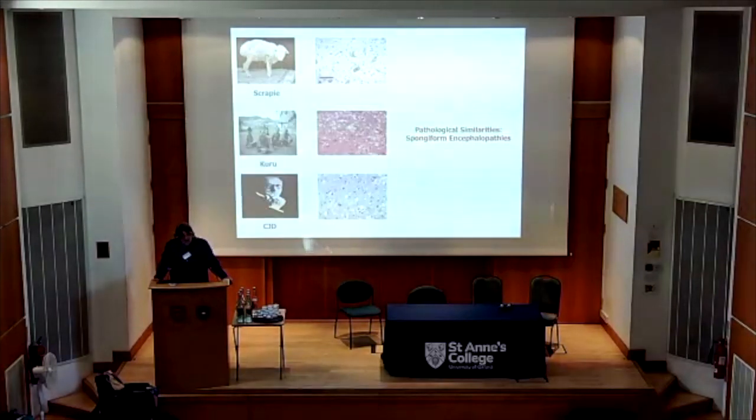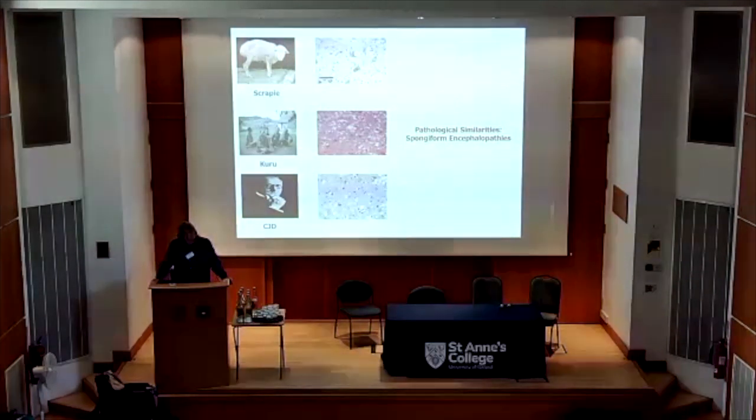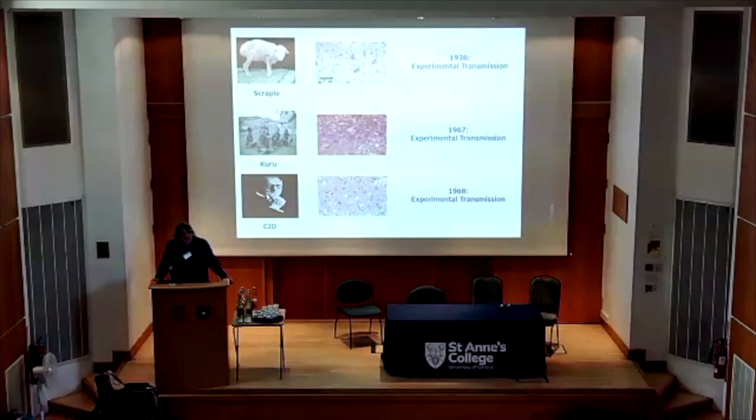When we started out, the pathological similarities were also drawn between different diseases. So a disease in sheep and goats called scrapie, a disease in the eastern highlands of Papua New Guinea called kuru, and the disease which CJD was named after, all had this kind of spongiform appearance in the brain. And when people decided that they would try to transmit scrapie in the laboratory, in 1936 they were successful.